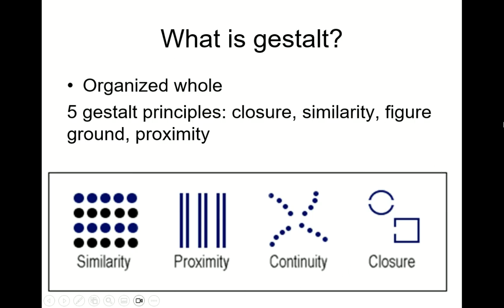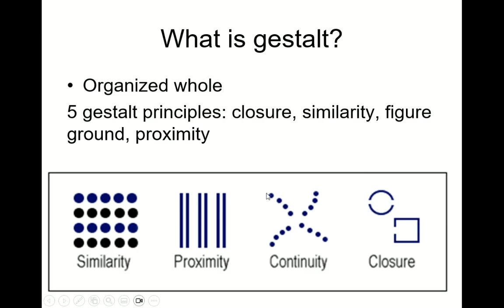So Gestalt is not a dead German guy. It's not capitalized, but Gestalt simply means organized whole. It means that the whole is greater than the sum of its parts. So I'll give you an example.